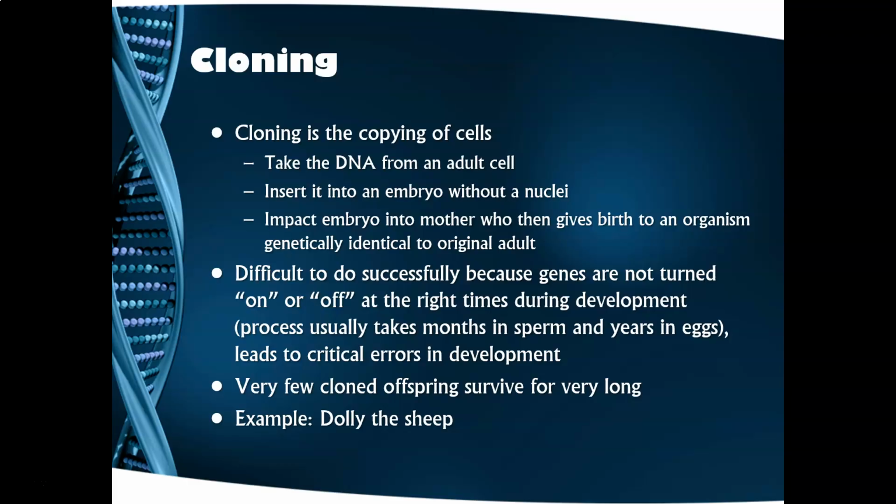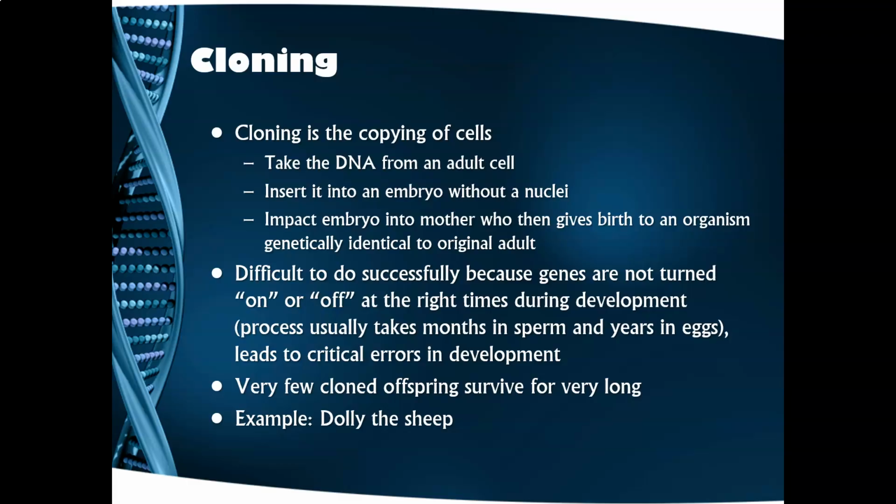The reason is that when we talk about development of a new embryo, there are a set of genes that need to be turned on and turned off during development, particularly in sperm and eggs, in the way that they develop in the adults before they get fertilized, as well as in the embryo once the fertilization process happens, and then even in you as you continue to grow and develop from baby to adult. All of those are very tightly coordinated on-off switches that need to get turned on and turned off at the right times.